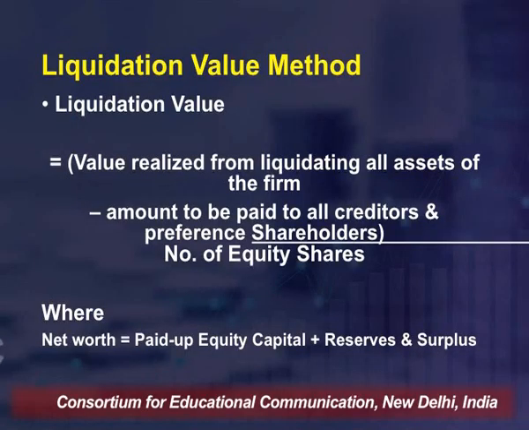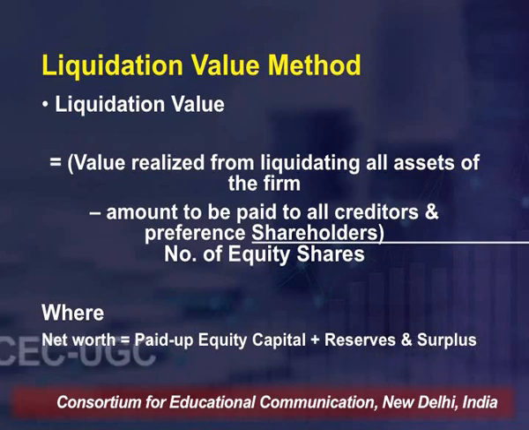The second method based on balance sheet valuation is the liquidation value method. Now liquidation means we actually assume that the company is going into liquidation, the company is trying to wind up its business, and whatever value it realizes by selling all the assets of it, minus the amount which needs to be paid to the creditors or the preference shareholders or any sort of creditors it has, be it any loan or something.